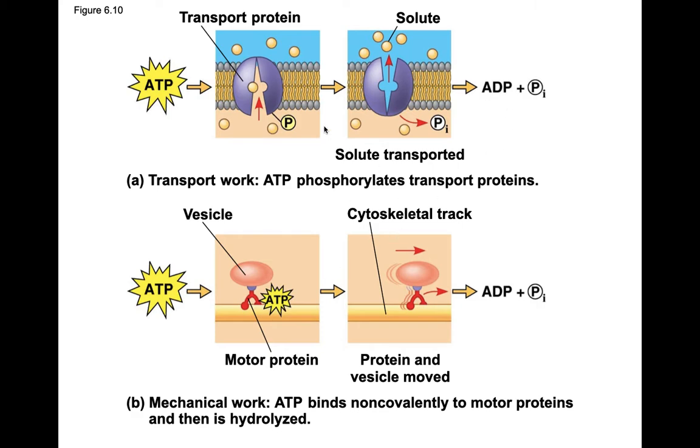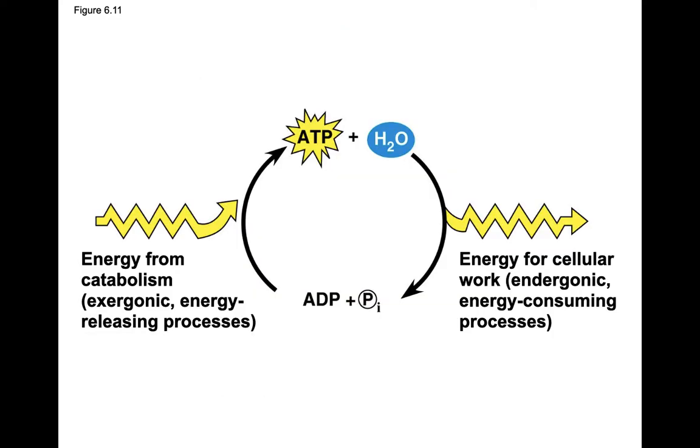And we can see that with things like transport proteins, making our concentration gradient go from low to high against what diffusion would like, and things like transport vesicles and motor proteins that use ATP to make the protein actually move on the microtubules.